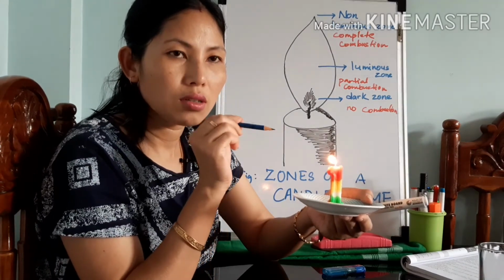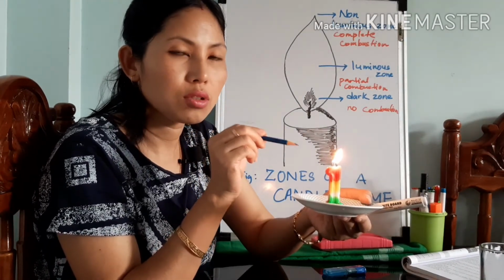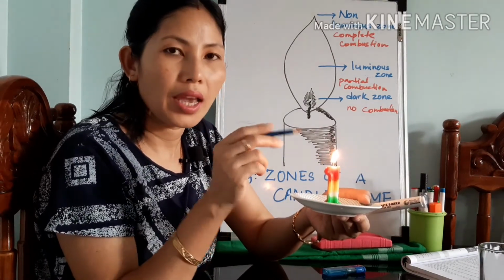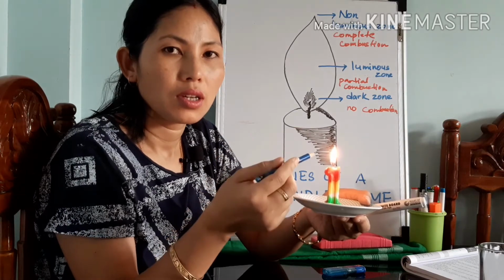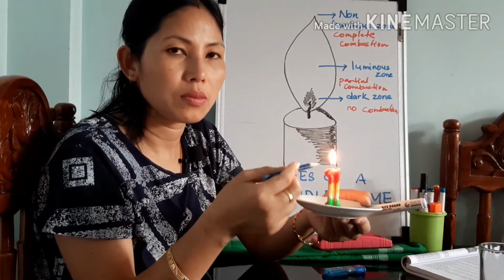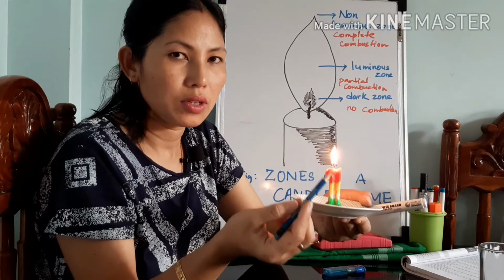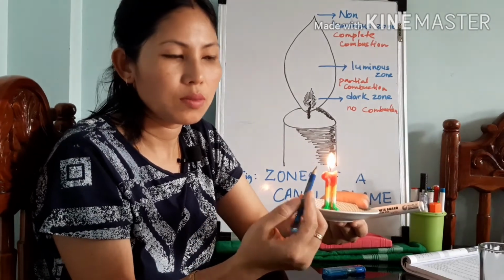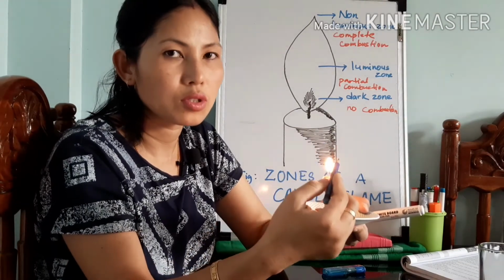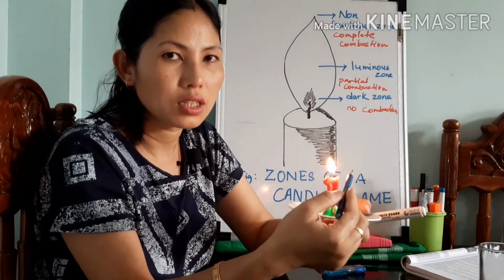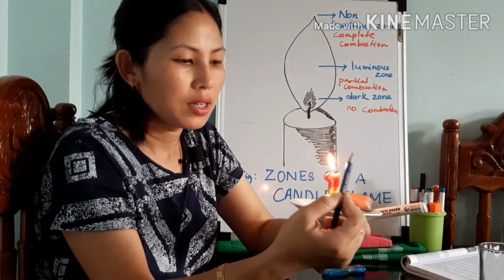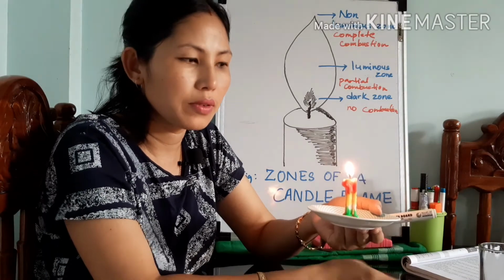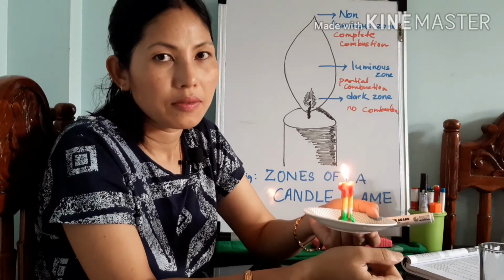While blowing, they supply air, that is oxygen, so that it burns completely, and it will be hotter, enabling the jeweler to melt the gold easily, because the outermost layer is the hottest part of the flame. So this is just a simple activity to show the various zones of the candle flame.